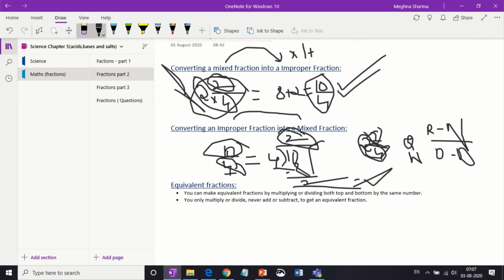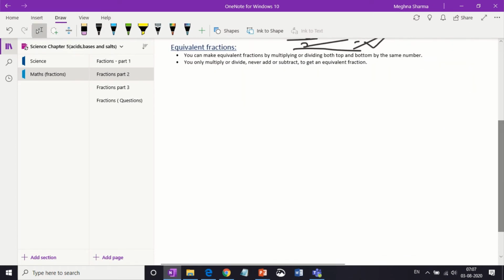Now, equivalent fractions. What are these? Let me read. You can make equivalent fractions by multiplying or dividing both top and bottom by the same number. You only multiply or divide, never subtract or add, to get an equivalent fraction.